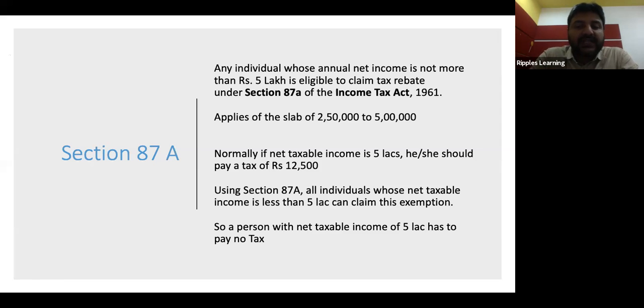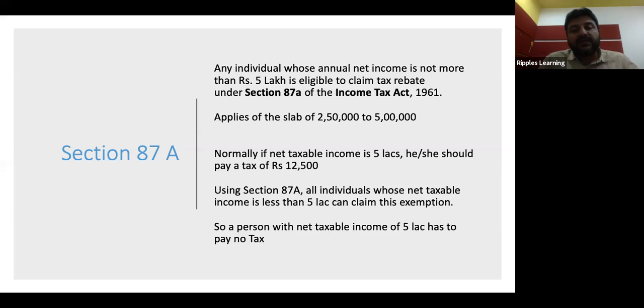So let's say you are earning 4,50,000 rupees, then you will not be paying 5%. If your earnings are 4 lakhs or 5 lakhs, you will not be paying the 5% in this slab. You will only be paying 5% in this slab if you cross 5 lakh. If your net taxable income is, let's say, 6 lakh or 5,50,000 or 5,20,000 or anything more than 5 lakh, you will be paying 5% in this slab.